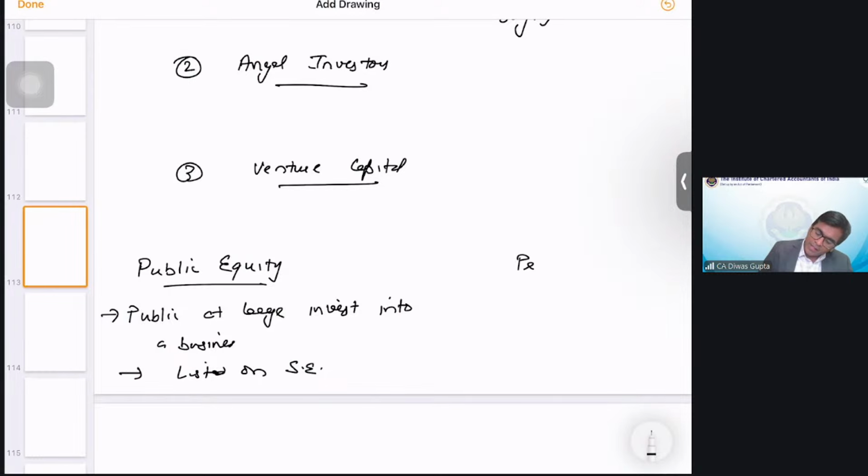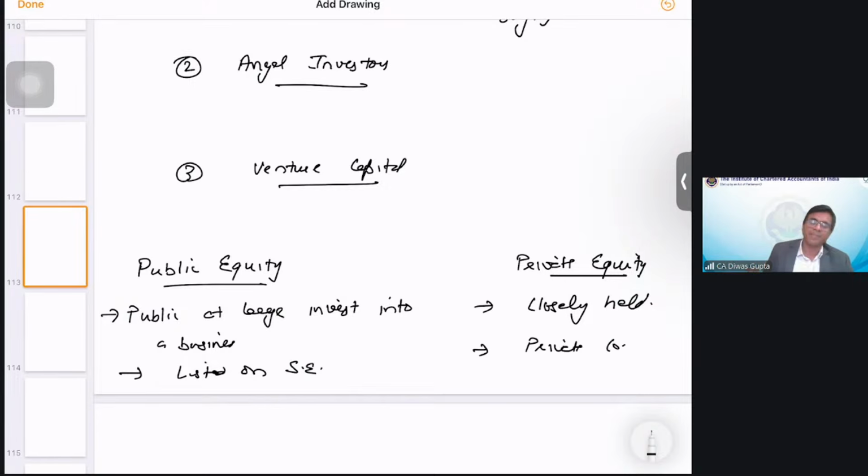Now, on the contrary, what is called private equity? A private equity will be an equity which is closely held, in the form of a private company. I would not say small equity.